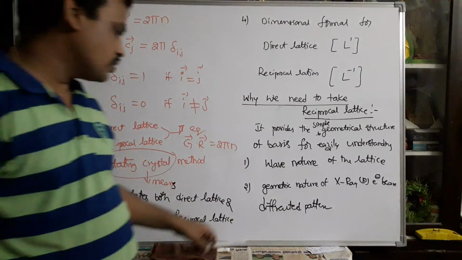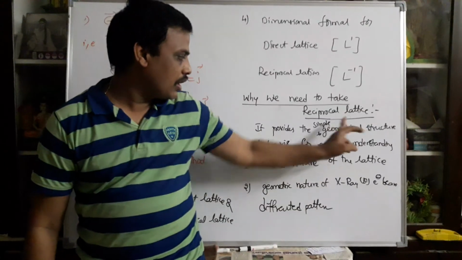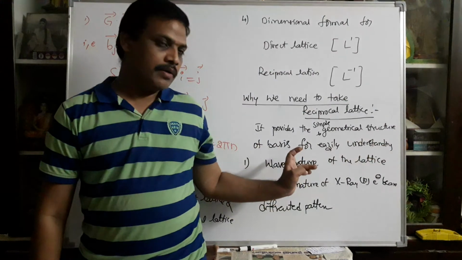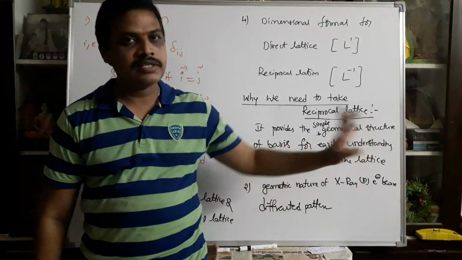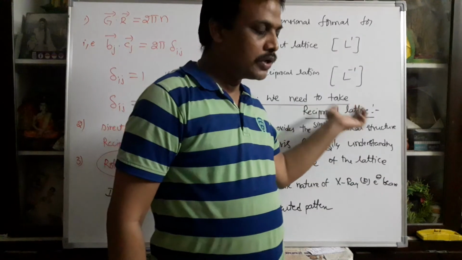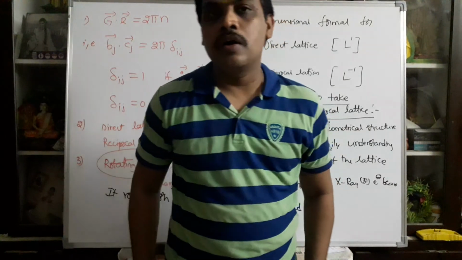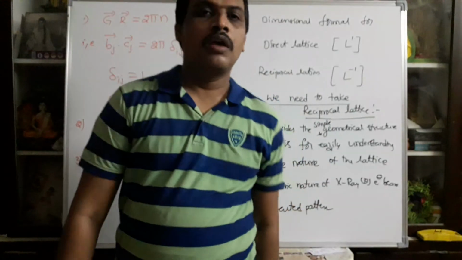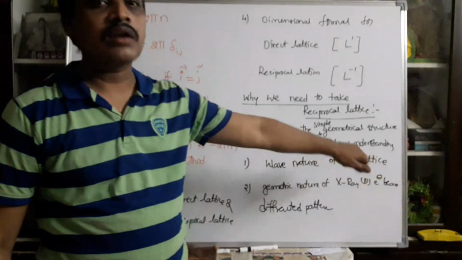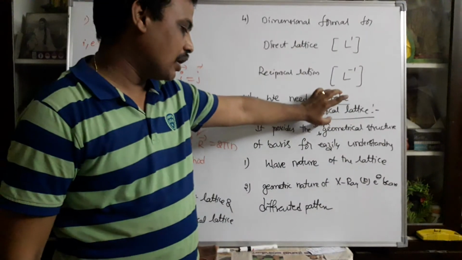For these two uses we are introducing the reciprocal lattice. The reciprocal lattice provides the simple geometrical structure of the complete basis for easy understanding. With the reciprocal lattice, we can give the complete structure of the lattice planes, and so it gives the nature of the lattice in three dimensions.